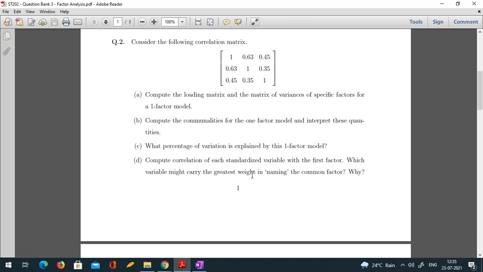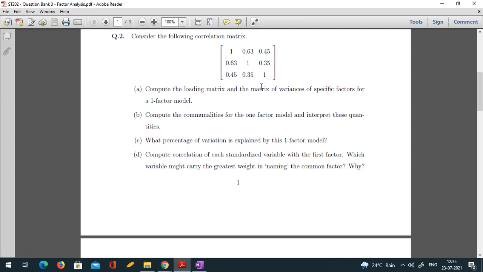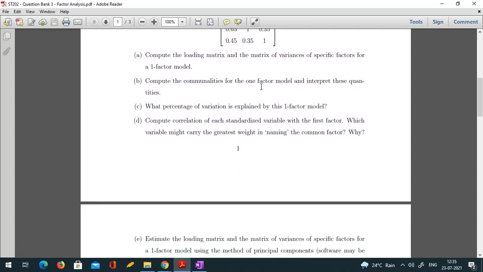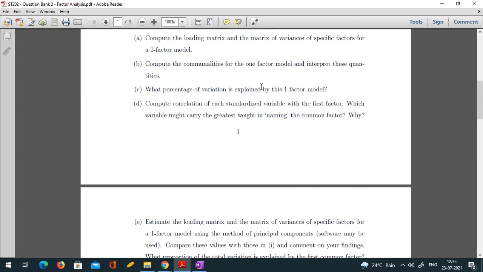The Heywood case is the situation where specific variances turn out to be negative. After getting communalities, your communalities turn out to be larger than your variances, and as a result the estimate of specific variance becomes negative. That is the Heywood case. We have not studied anything called Heywood method for estimation.